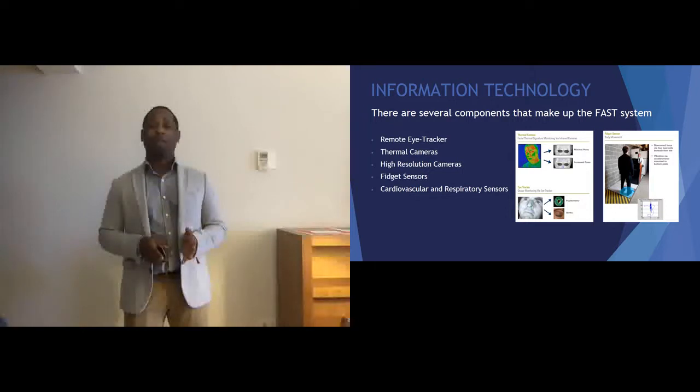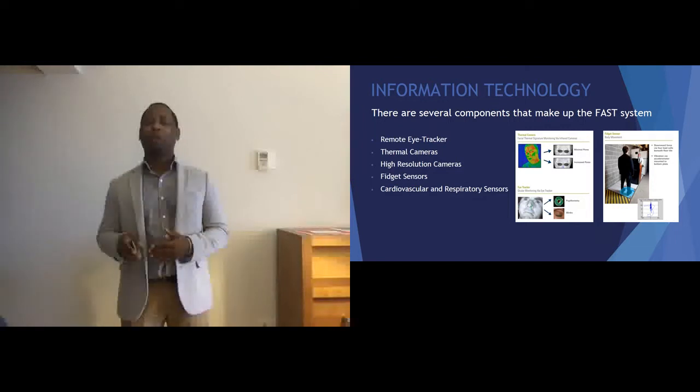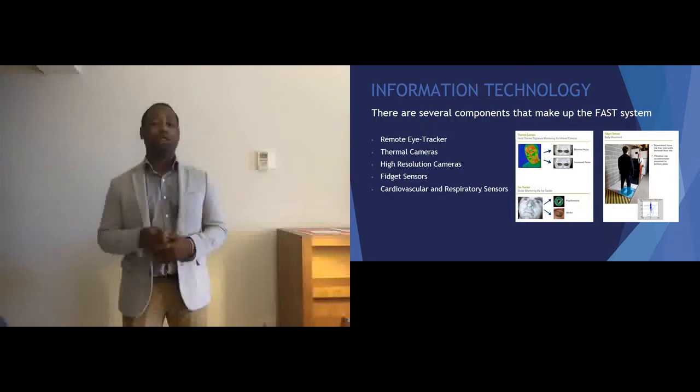The algorithm is able to pick up what exactly they're looking at, and using the other sensors, predict if that person is thinking of harming or doing something to that object that they're gazing at.